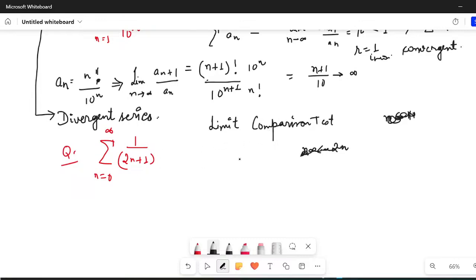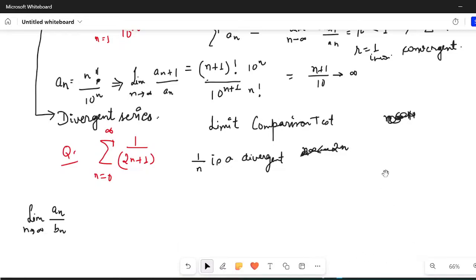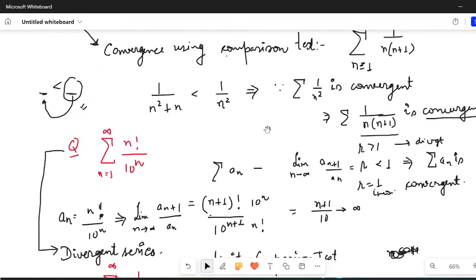So I know that 1 upon n is a divergent series, right? Yesterday I told you that if I take two series an and bn, and if I take the limit of it, so if you remember, then good. If you don't remember, let me show you. This is what you mean by the limit comparison test.